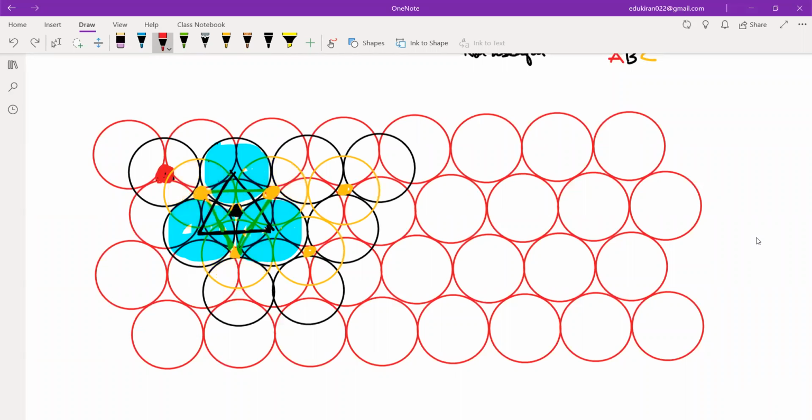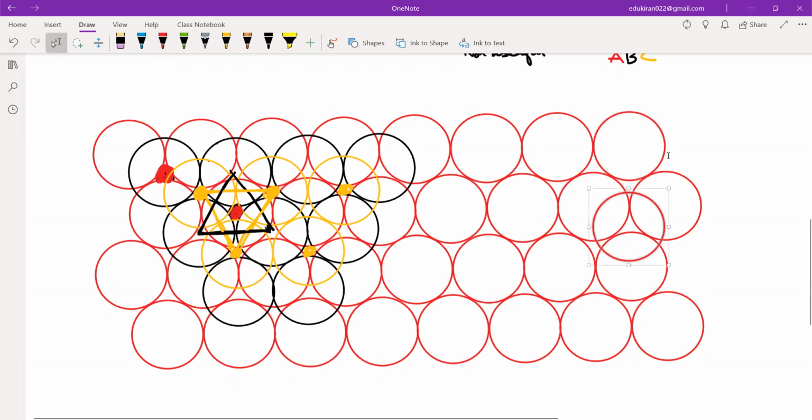Okay. So let me just get this red here. And you can see this is the octahedral void that I'm talking about. Okay. The black triangle and the yellow triangle. And if I want to put atoms on that, you will see that I am rather putting atoms just in the place of the red atoms, right?